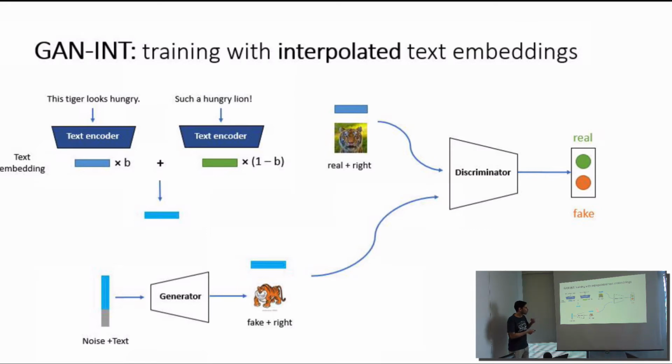Now, why should this work? Because the discriminator always tries to check whether an image aligns with text to push it in the right class, right? So because the discriminator tries to solve this problem, the generator has to always align the image with the combined or the interpolated text to fool the discriminator.